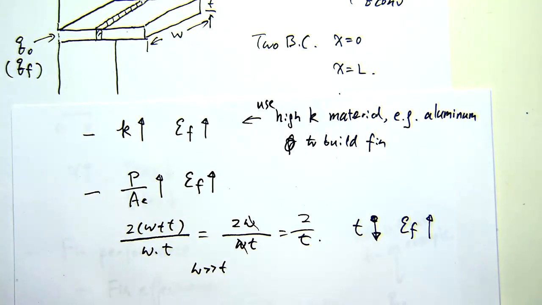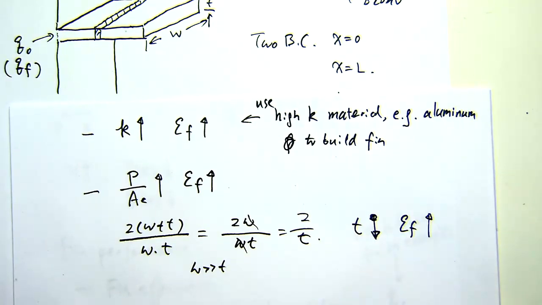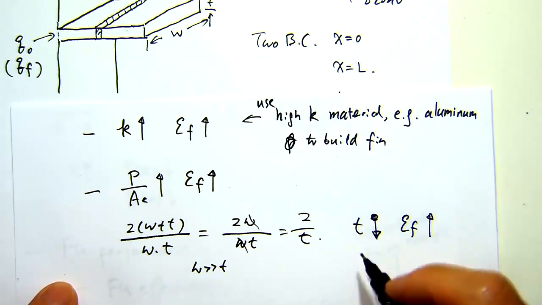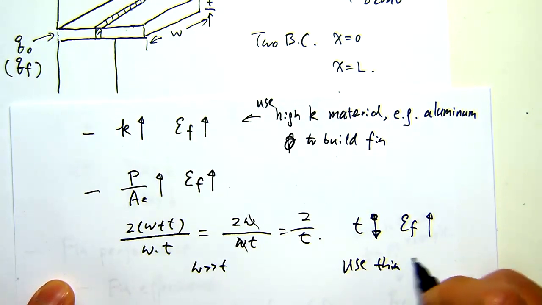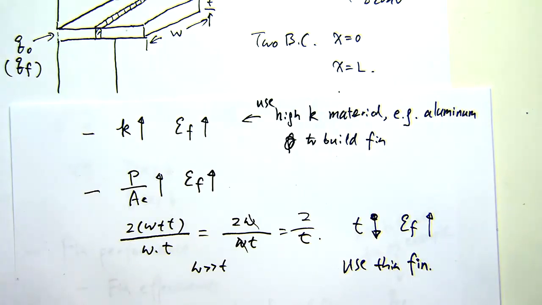When you add a fin in order to enhance the heat transfer, you want to use a thin fin. The fin needs to be as thin as you can afford. Use a thin fin. A thicker structure wouldn't help in this case. You want to use a material with higher k, but with a small thickness, right?